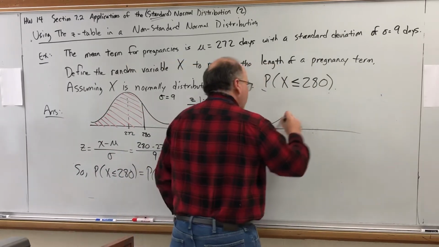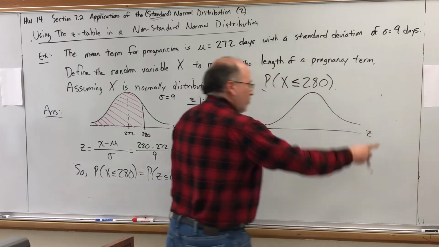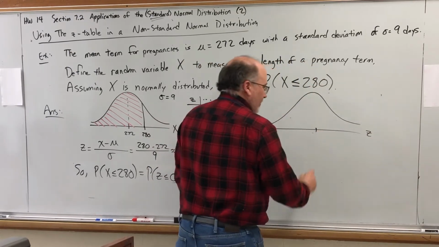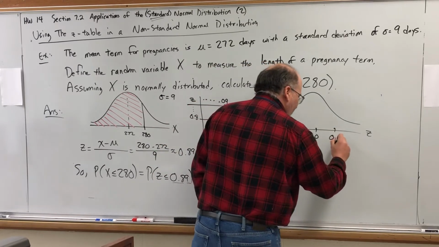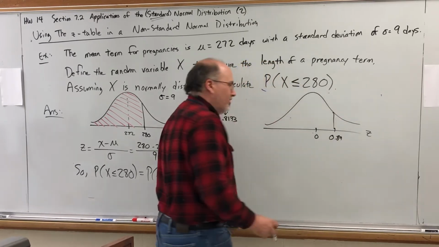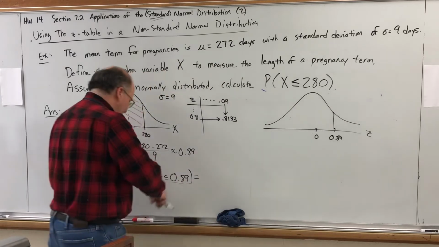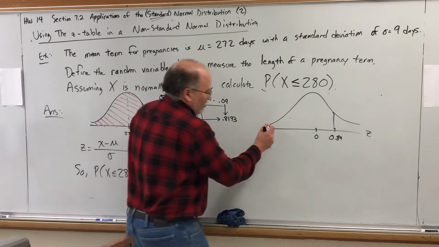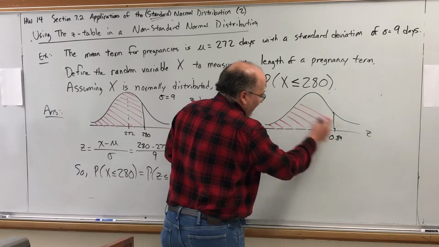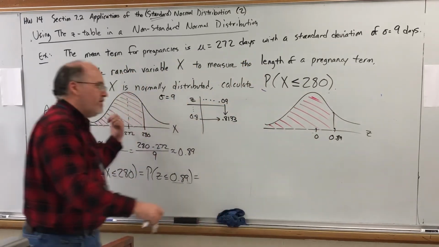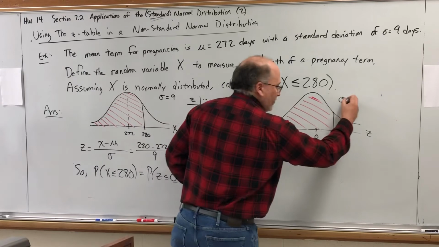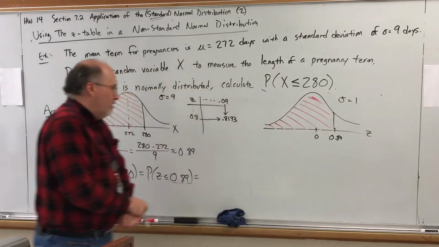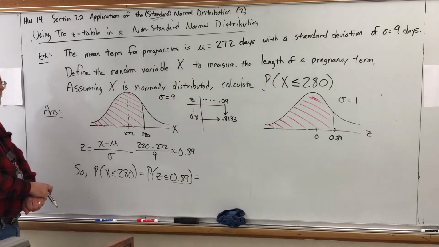In a standard normal distribution where this axis represents z values, the mean is 0, so 0 is in the middle. 0.89 is the z-score that we're looking to the left of because it says less than. And so this picture, although technically different from the one over here because of the mean and standard deviation, mean 0 and standard deviation 1, both areas are the same.